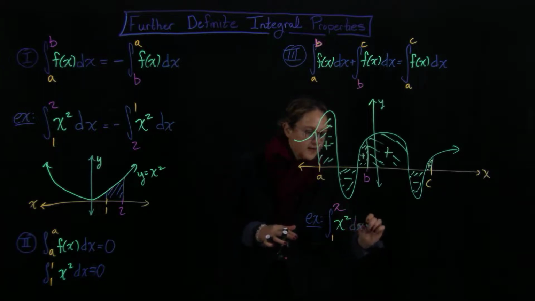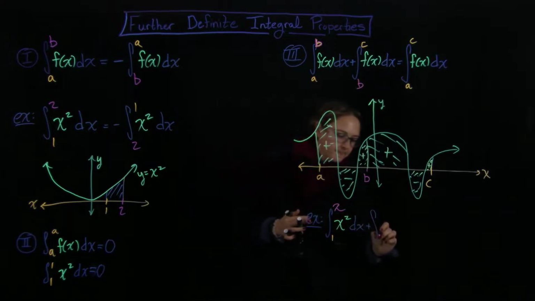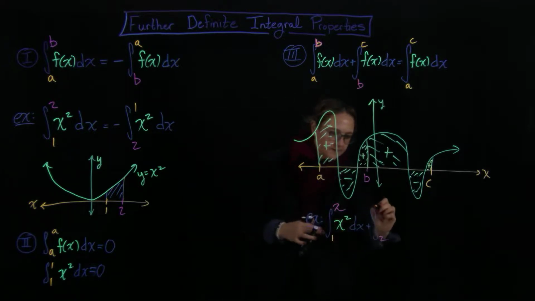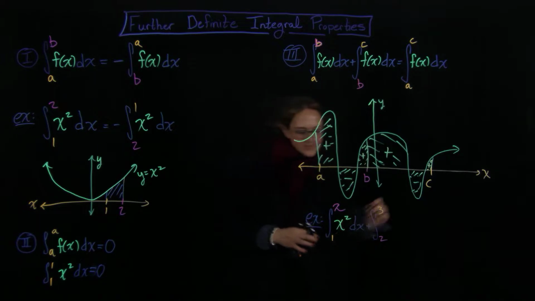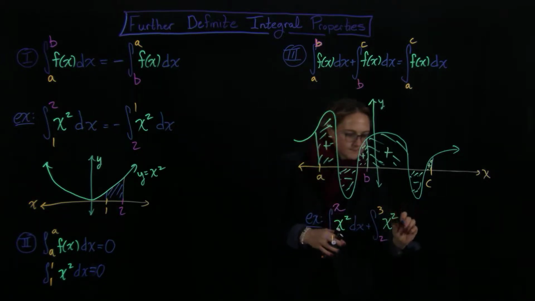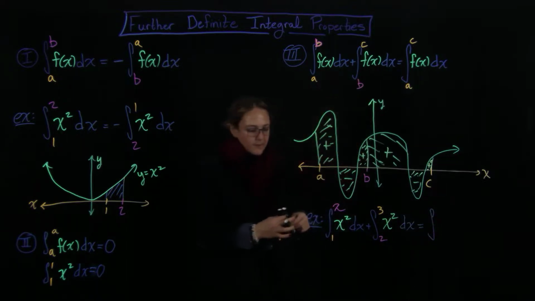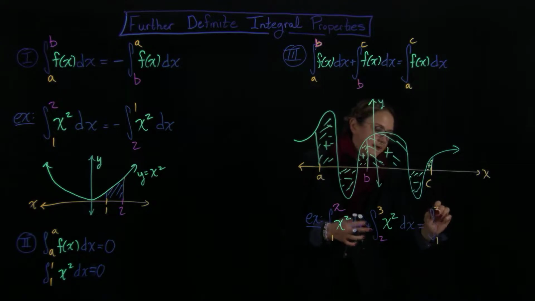And then if I add to that the integral from 2 to 3 of x squared dx, then this is going to equal the integral from 1 to 3 of x squared dx.